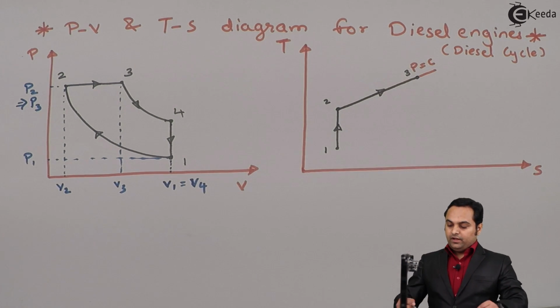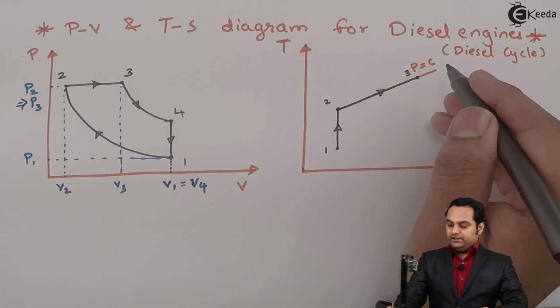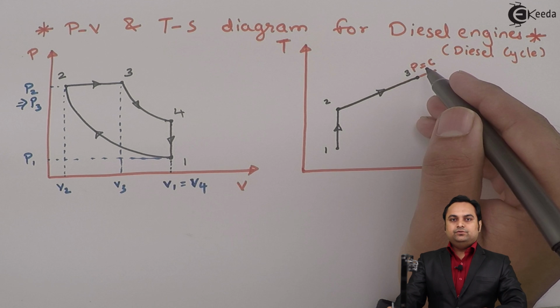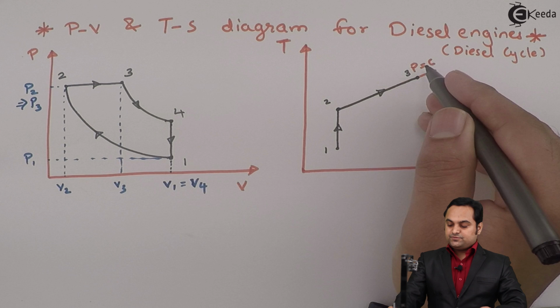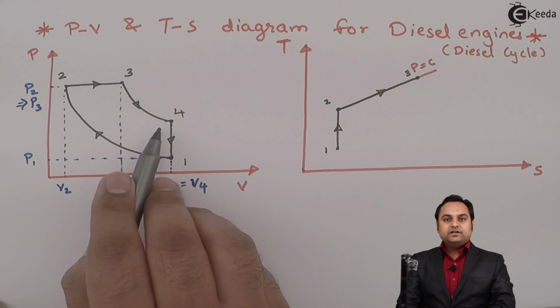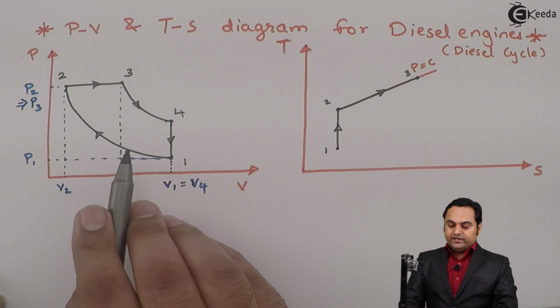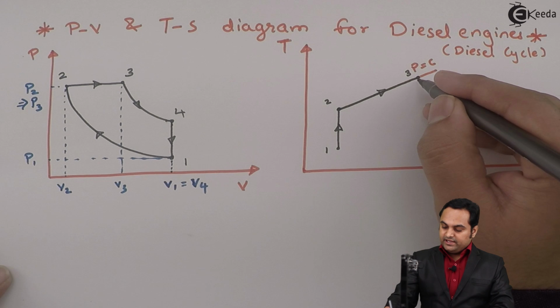So, it is clear that since it is a constant pressure line, it will have a single pressure value, and pressure at point 2 and point 3 both will be the same. Next, process 3 to 4 is isentropic expansion wherein the entropy remains constant and temperature drops.